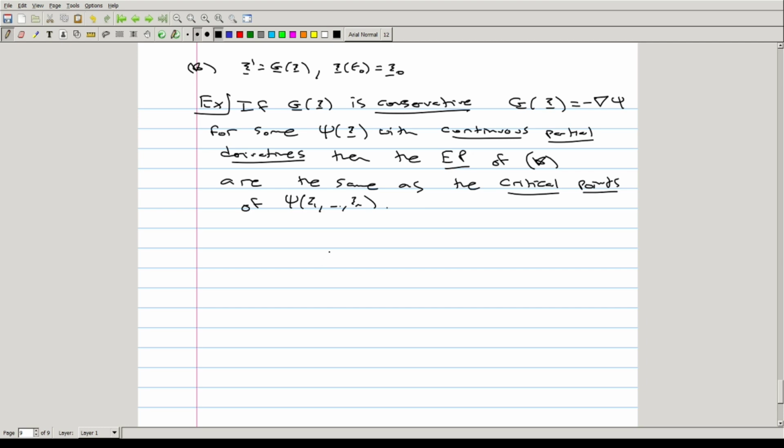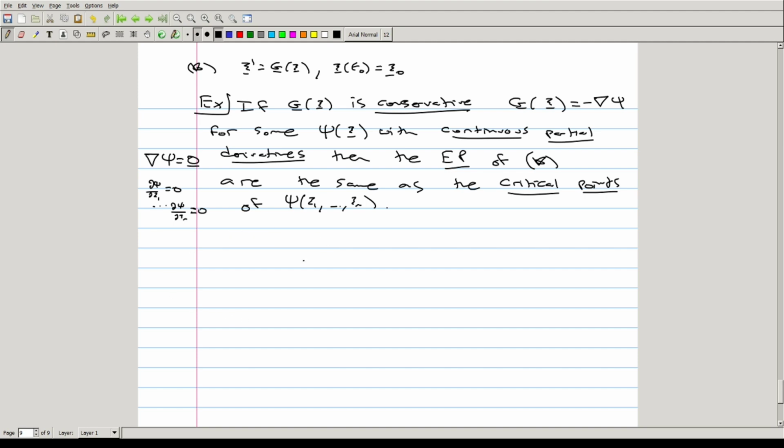Because you'll remember from your multivariable calculus class that the critical points of a multivariable function are where the gradient vector of that function is equal to 0, or d psi d xi 1 is equal to 0 all the way up to d psi d xi n is equal to 0. So all of the partial derivatives are simultaneously equal to 0.